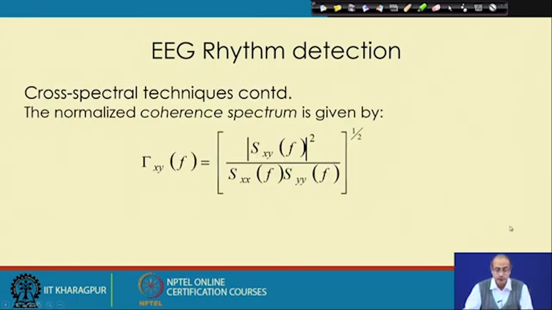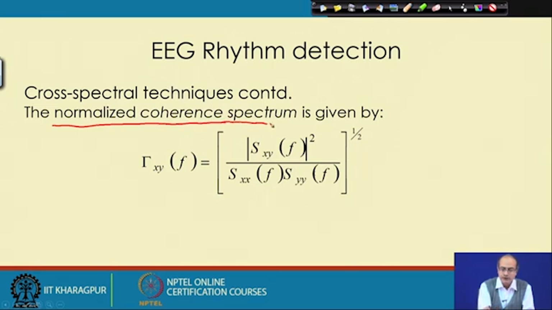Now, before getting into the examples, we have a term called normalized coherence spectra. Earlier we had the autocorrelation function, the ACF, and the cross correlation function.